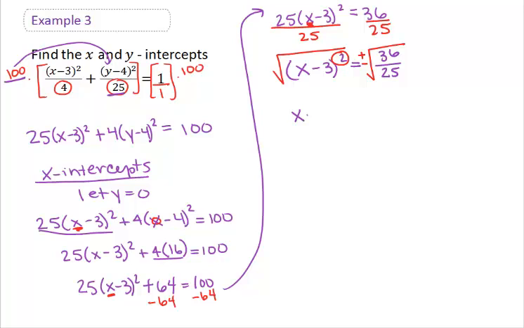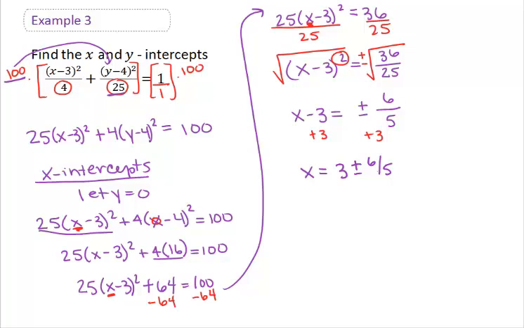So that leaves me with x minus 3 is equal to plus or minus the square root of 36 over 25. Simplify both the top and the bottom of this fraction. Square root of 36 gives me 6, and square root of 25 gives me 5. My last step here is to add 3 to both sides of this equation. And that leaves me with x is equal to 3 plus or minus 6 fifths.